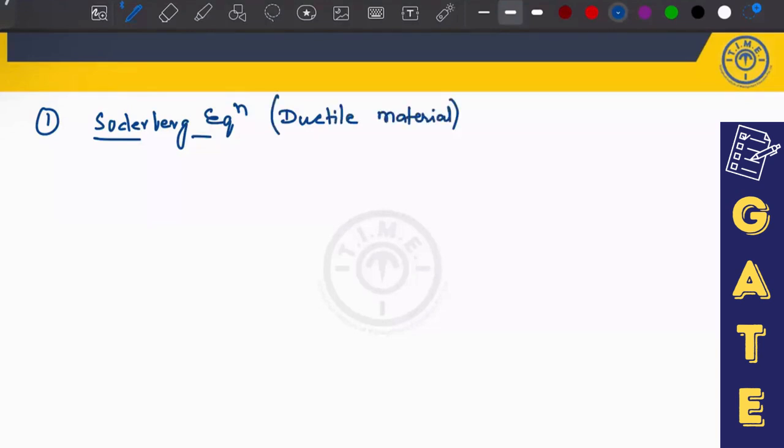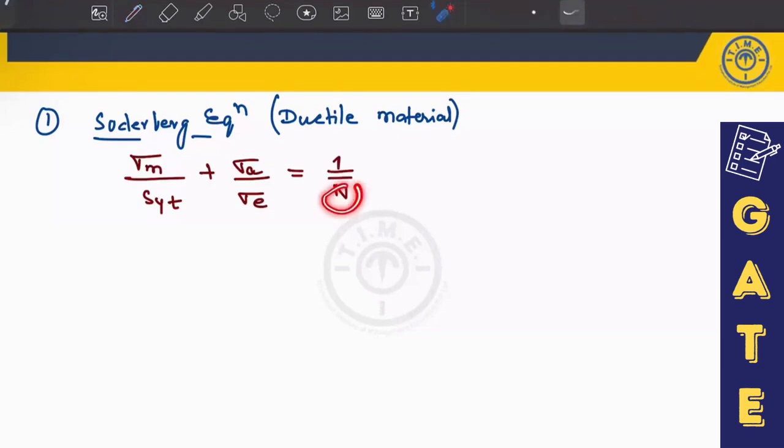As you already know these parameters, the mean stress divided by the yield tensile strength plus sigma A divided by sigma E, which is the endurance limit, is equal to 1 by n. So n is the factor of safety. Variable stress and mean stress you can calculate if they have given you the maximum and minimum. These values they will give in the problem.